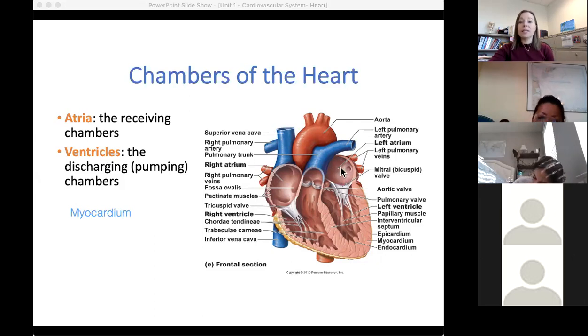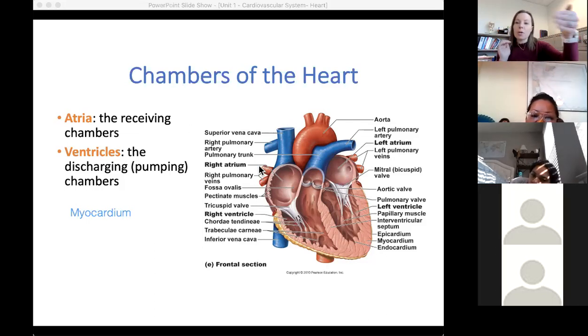And blood is going to get into the left atrium through 4 different pulmonary veins. You can see 2 here, they're really small, going into the left atrium, and there's 2 here. And I know it looks like they're going in here, but you can't see that they actually go all the way behind the heart, and they go all the way over here, and they enter into the left atrium.